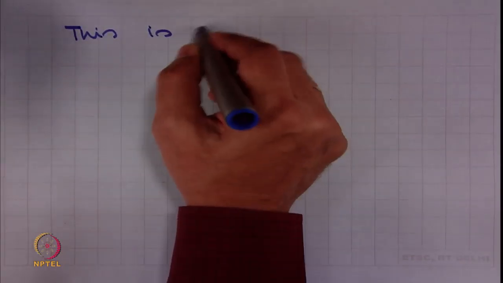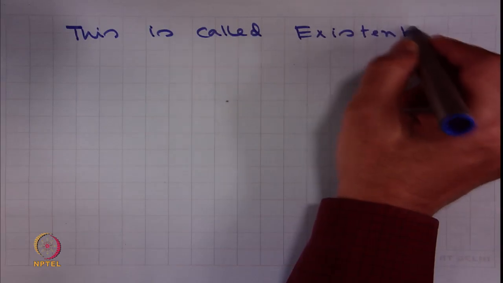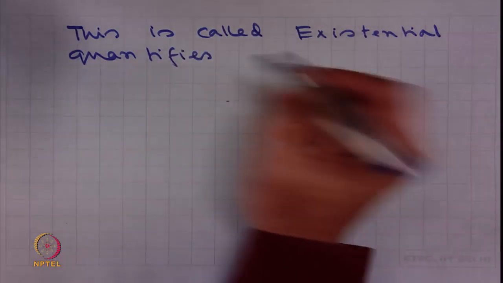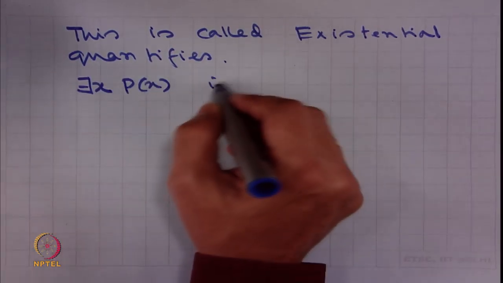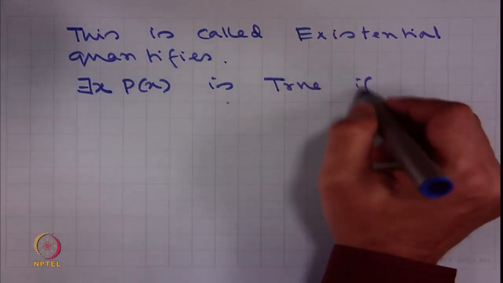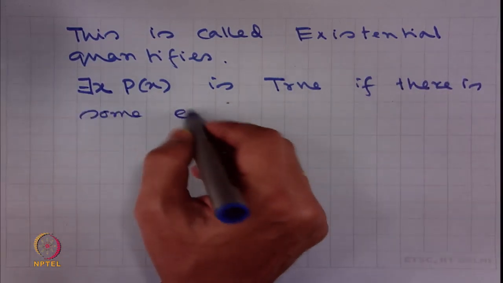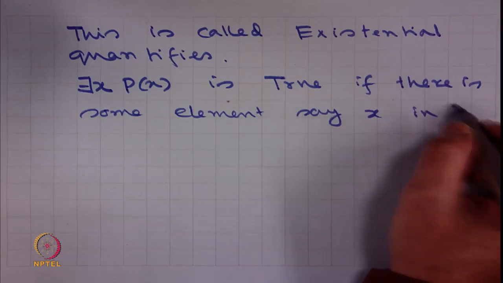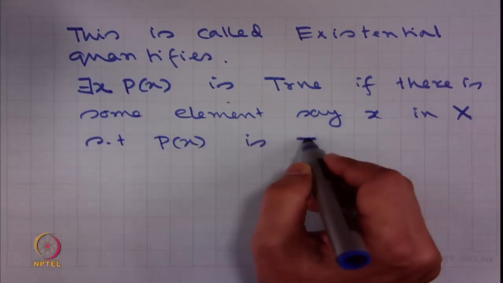This is called existential quantifier. This will be true if there is some element, say x, in X such that p x is true.